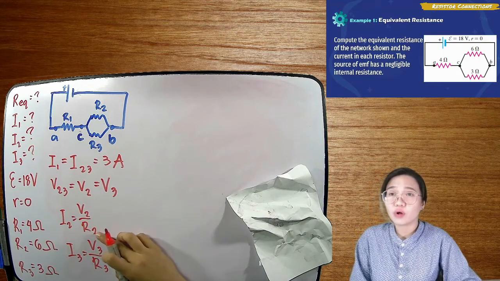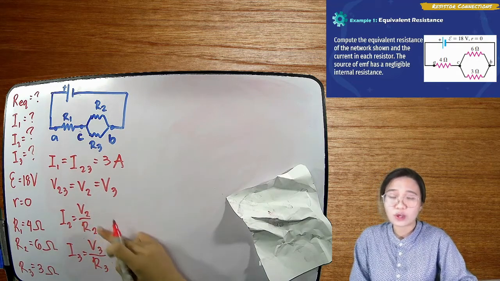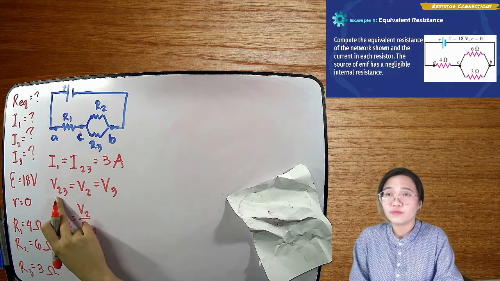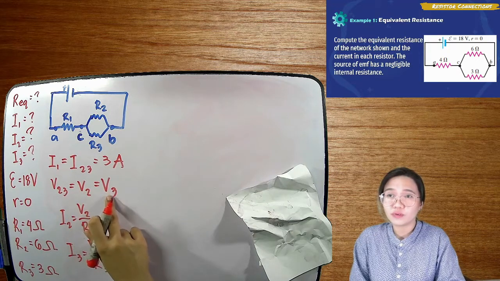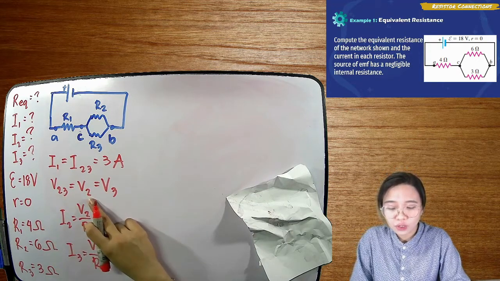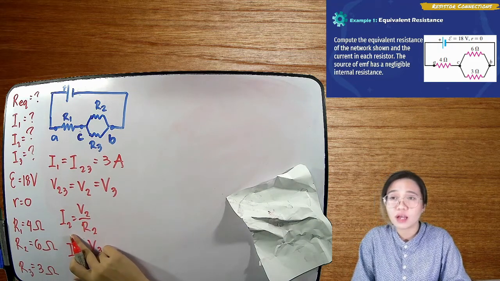We already have the R2 and the R3. However, we do not have yet the V2 and the V3. So we need to solve first for your V2 and your V3, which is just equal to V23.